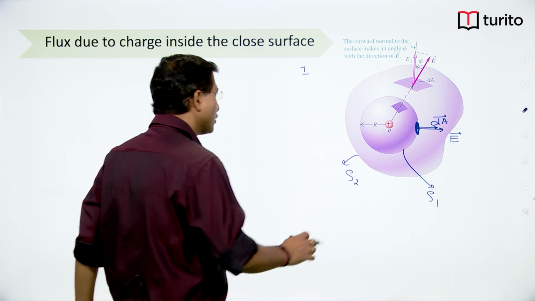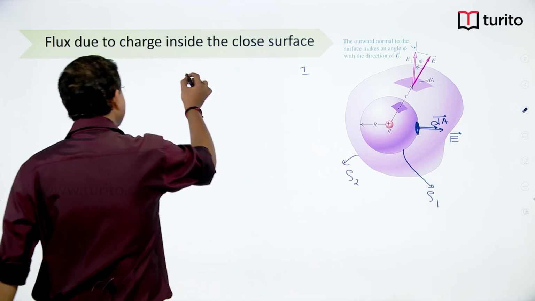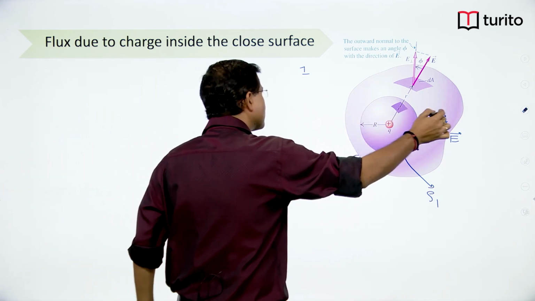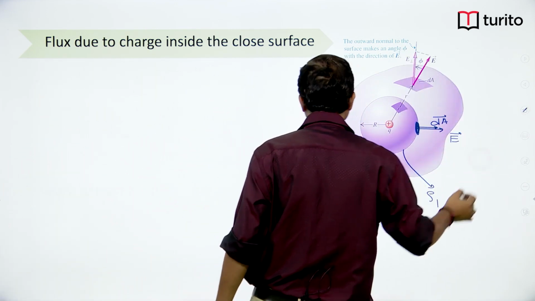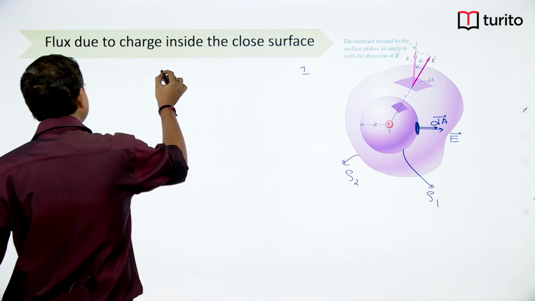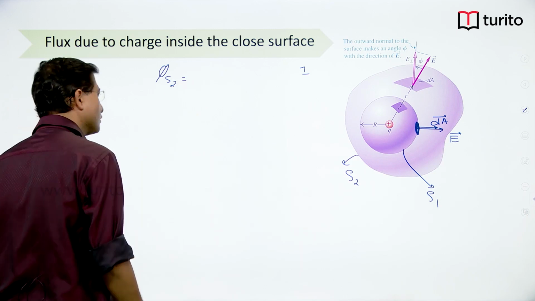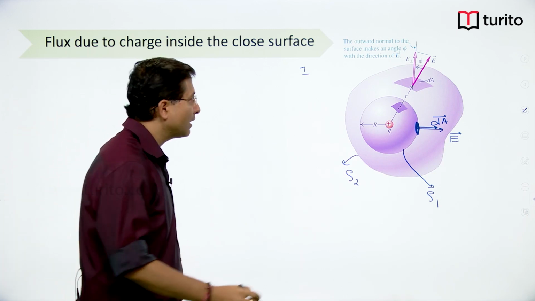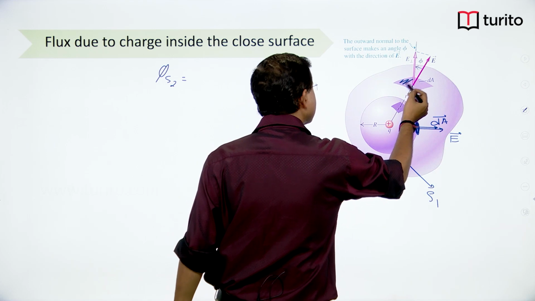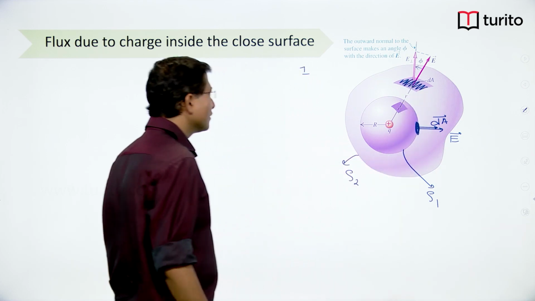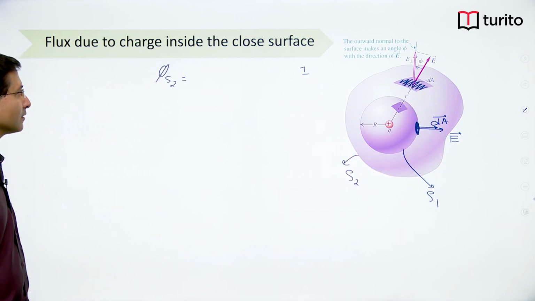So, now focus on surface 2. I am interested in finding flux associated with surface 2. On surface 2 I have taken this area, right.